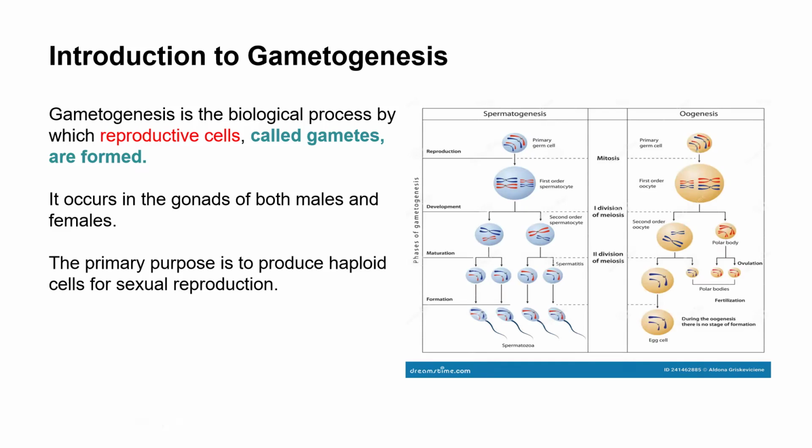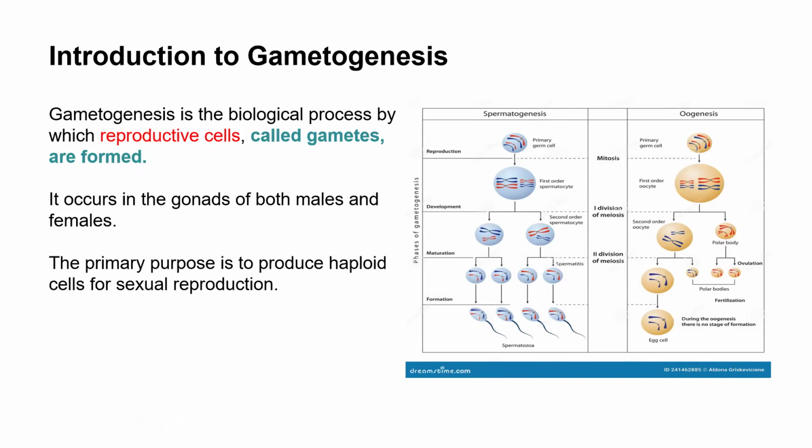We have what we call spermatogenesis, that is the synthesis of sperm, and then we have oogenesis. So this spermatogenesis is divided into phases. There is a reproduction phase, development phase, maturation phase, and then lastly, formation.